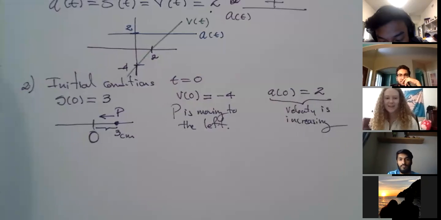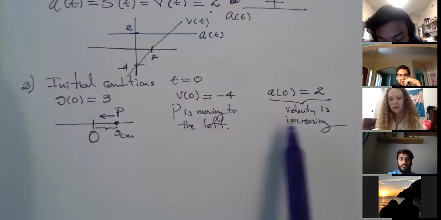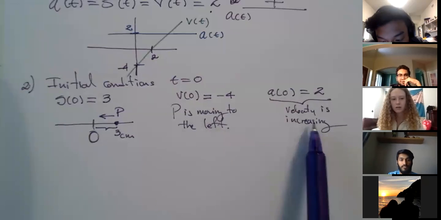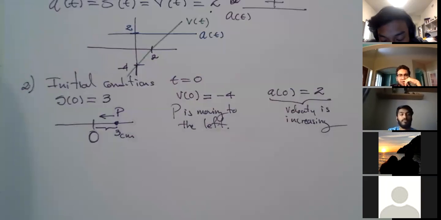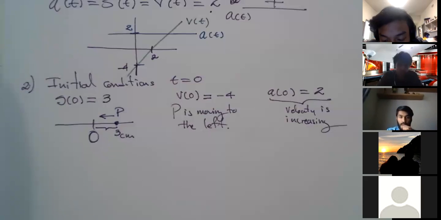No? Give it a shot. It doesn't matter. We don't have to be perfect. Let's give it a shot. What would you say if you have these 3 pieces of information? How is this particle moving? What's happening when the time is 0? I'm not sure. Okay. Anybody wants to give it a shot? I'll give it a try, but I'm not sure.